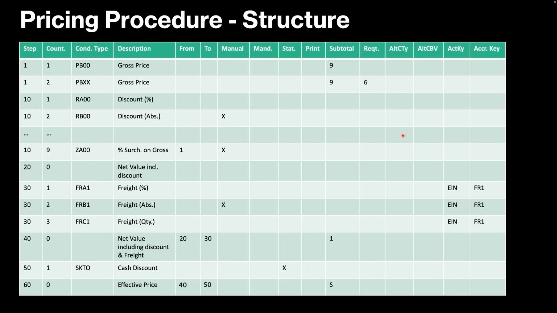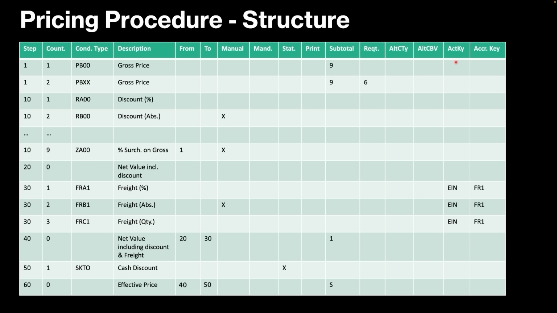Then the system will ignore the calculation type of that particular condition type and will take the calculation type from this routine only. Similarly for the base value, if you want a deviation from the standard system, then you can enter a routine here, and the system will pick the base value as per the routine that is entered in this column rather than from the condition type which is entered in this column.